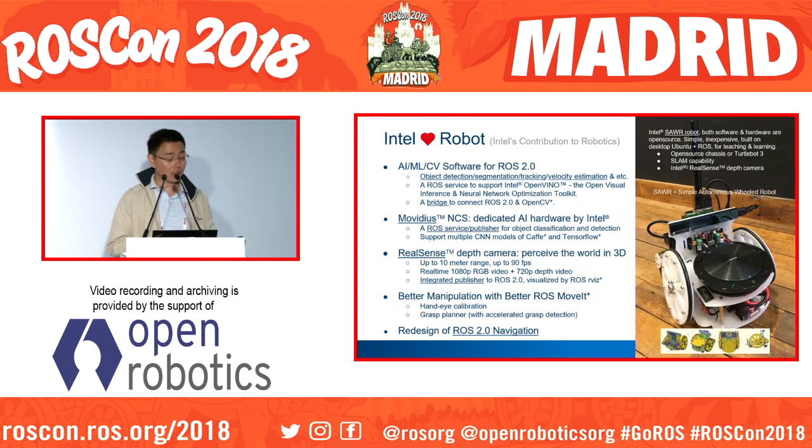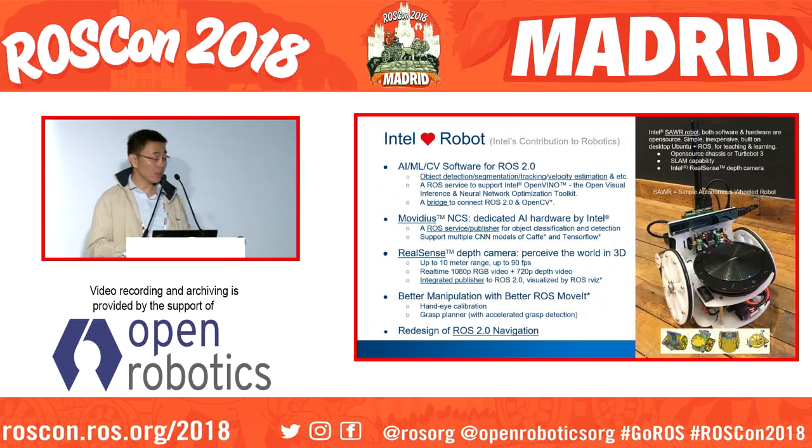The previous pages are all about the contribution to ROS done by our team. And on this page, I have listed other Intel open source projects that I have known. So let's take a quick view of these projects.